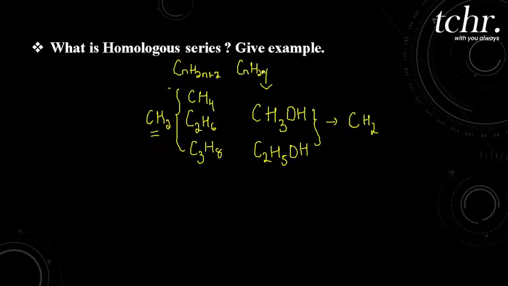How can we come to a general formula? Because they all differ by a CH2 unit. So anything which can be represented by a general formula, and these closely related compounds, are known as a homologous series. So you write a proper definition and give an example as I have explained here.